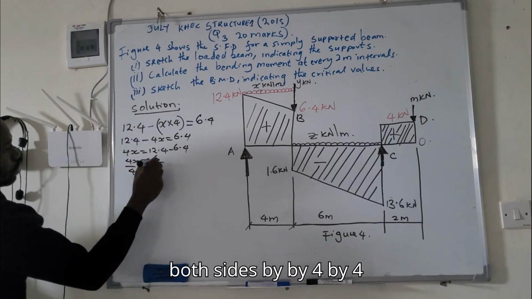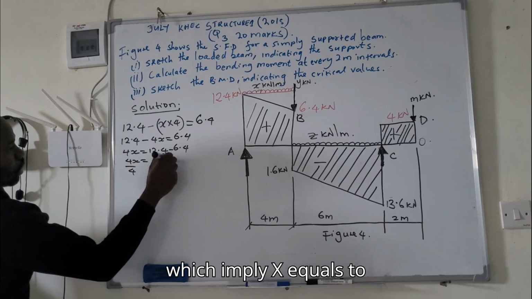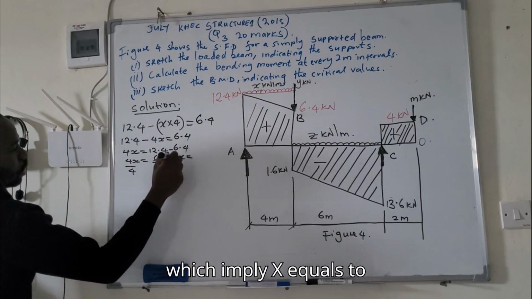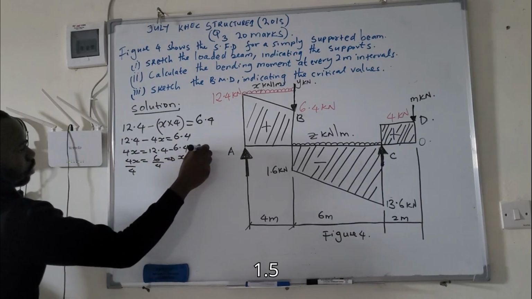Divide both sides by 4, which implies x equals 1.5 kilonewton per meter.